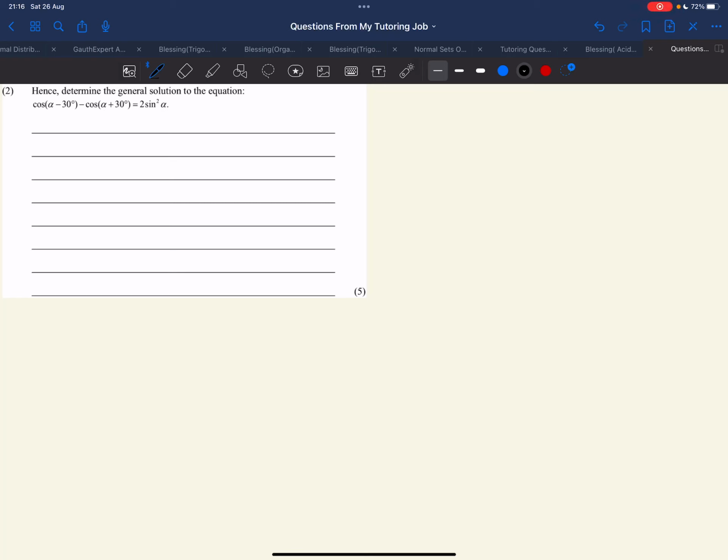Okay, right now in question C2, they say that hence determine the general solution to the equation cos(alpha minus 30 degrees) minus cos(alpha plus 30 degrees) equals 2 sine squared alpha.